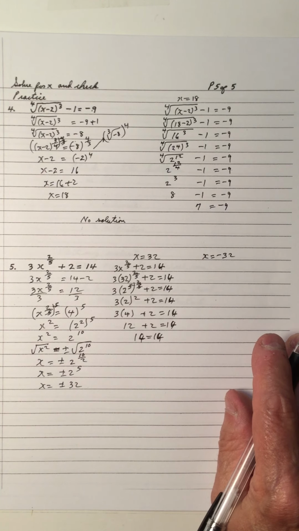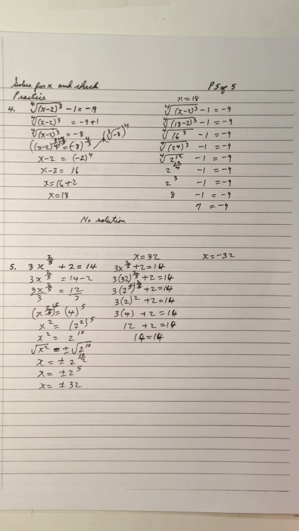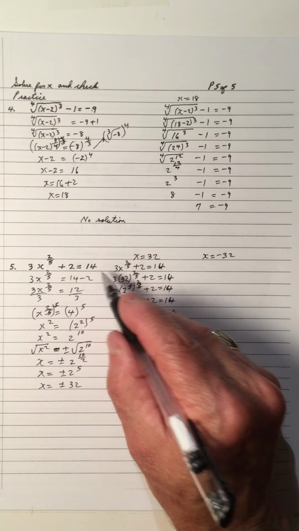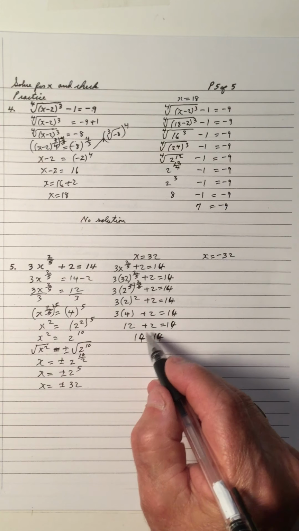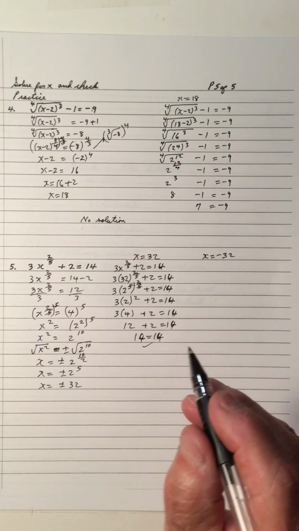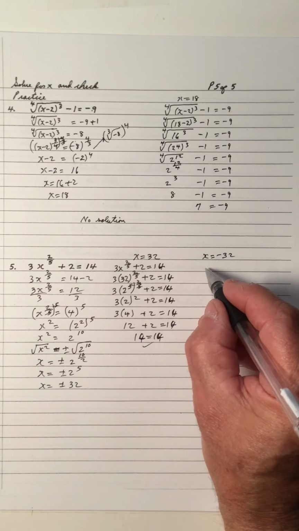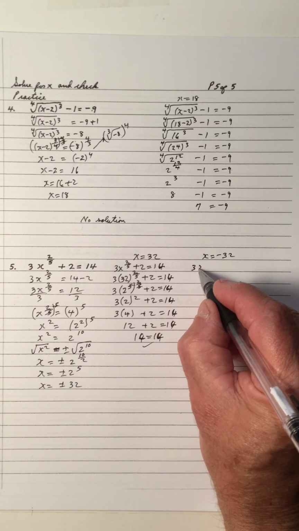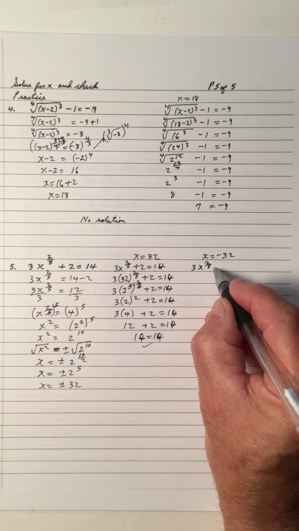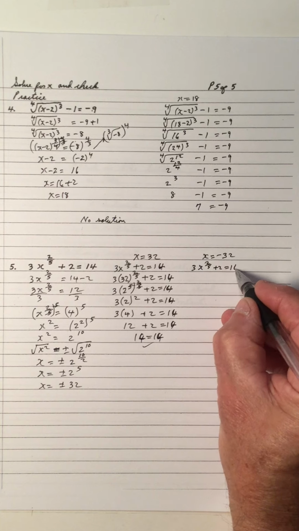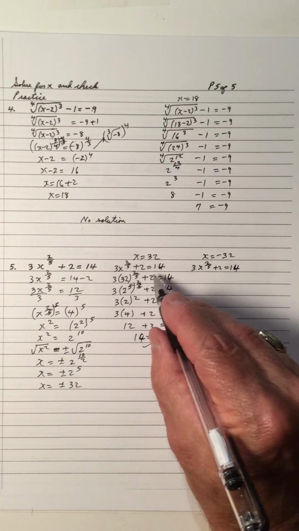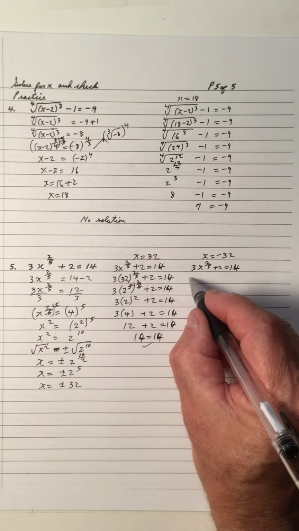Sometimes I make those errors, just silly errors, but I do make them. So I wrote down the 14 wrong, and when I added those, I got 16. So 14 equals 14 is okay. And now we'll do the negative 32 to show you that there's, oh, not 16 again. 16 is on my brain, it's 14.